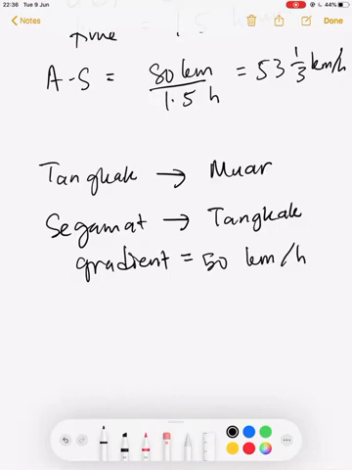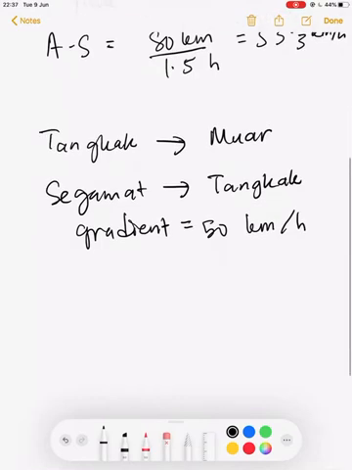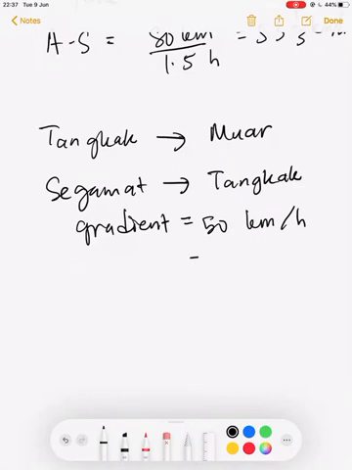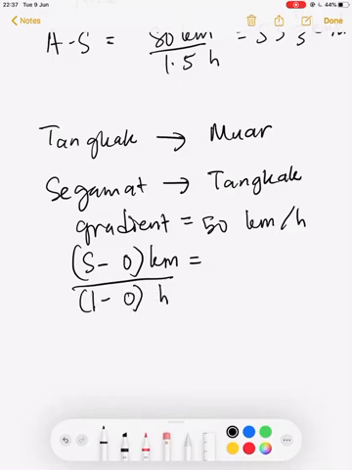Okay, the S. So this 50, gradient, is final minus initial, so final distance S minus 0 kilometer divided by the time 1 minus 0 hour, also 50. Again here kilometer per hour, and then we can just cancel off the units. So S over 1 equals 50.